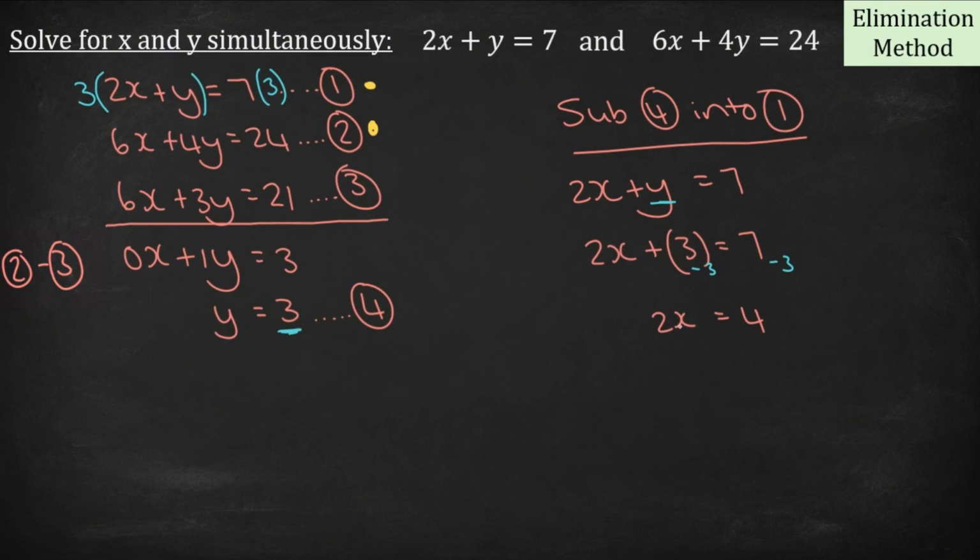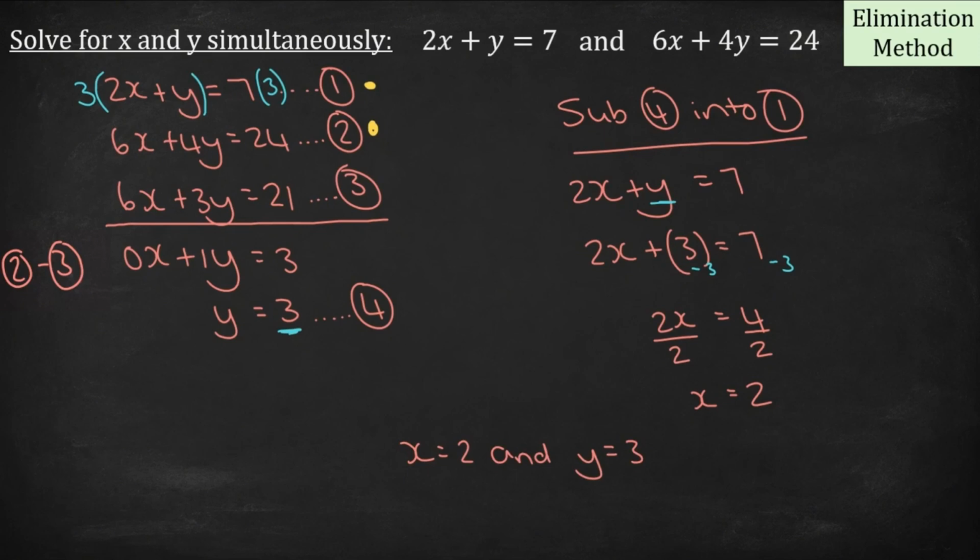Now we still have 2 multiplied by x. So to get rid of the 2, I have to divide by 2. And again, what you do on the one side, you have to do on the other side. And that gives us x equals 4 divided by 2 is 2. So our final answer is x equals 2 and y equals 3.